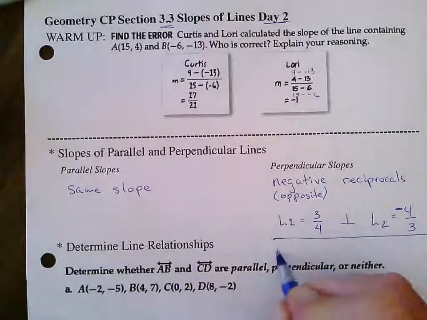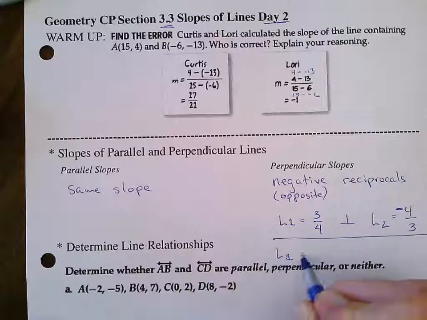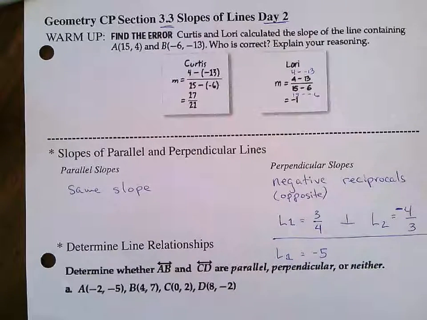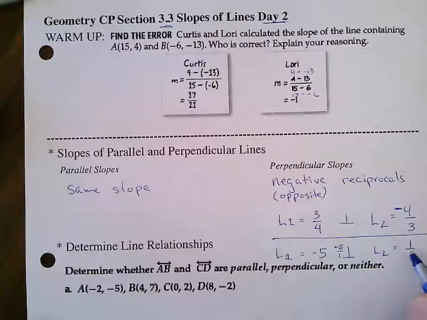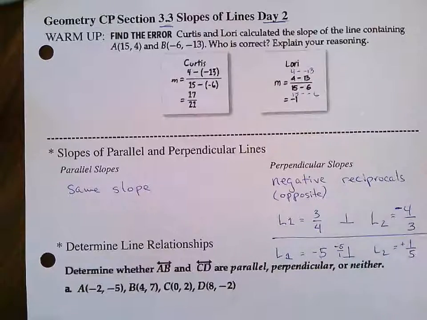If line 1 has a slope of negative 5, and it's perpendicular to line 2, well, negative 5 is really negative 5 over 1, correct? So you flip that, making it 1/5, and you change the sign, which now makes it positive. You don't have to write the positive, just to get an idea of how this works.